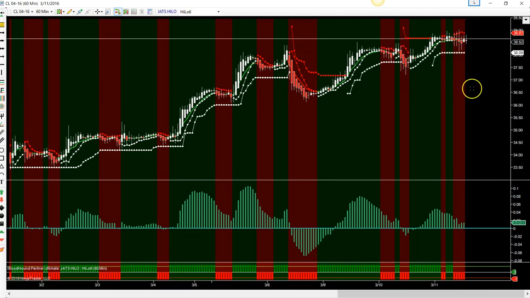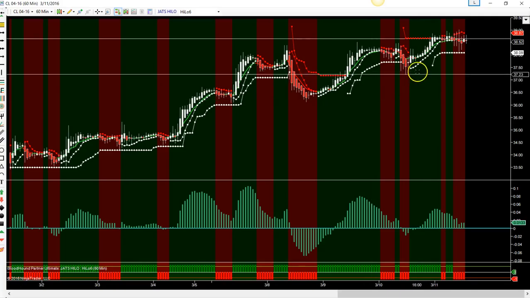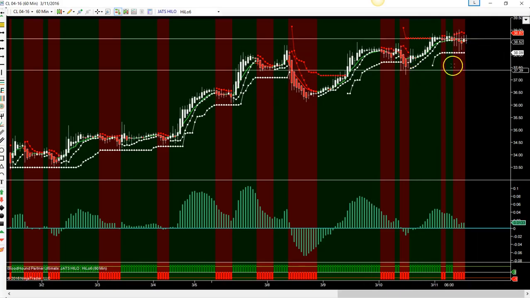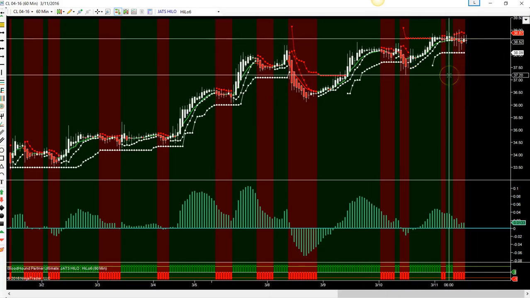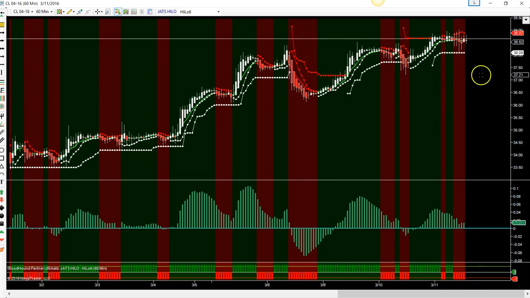So where do we pull back to? It's the same thing. We start with our levels, our prior levels. It's the same thing in reverse. So the first level we're going to check is 37.20, 36.10. It just depends on how deep that pullback is going to get.